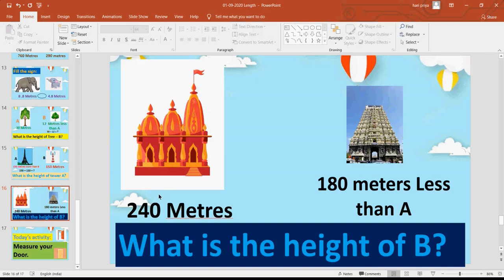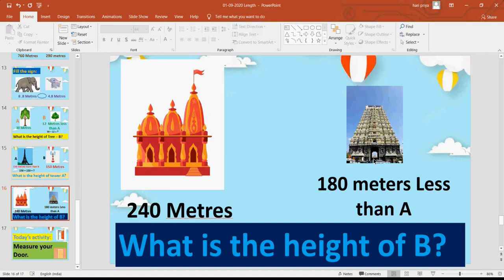So the first temple is 240 meter, and the second temple is 180 meter less than A. So the clue is less than. So decide whether we have to subtract or add, and you are going to find what is the height of the B. The first temple is 240 meter.